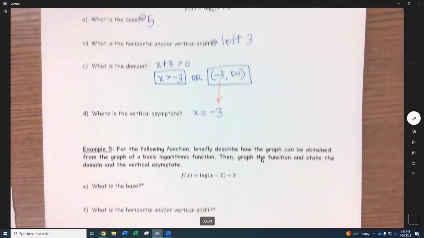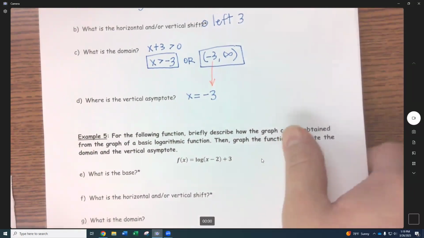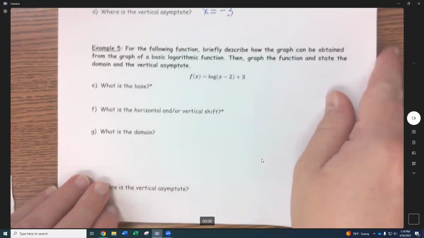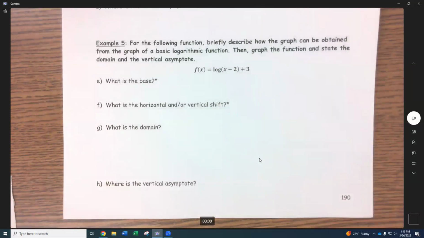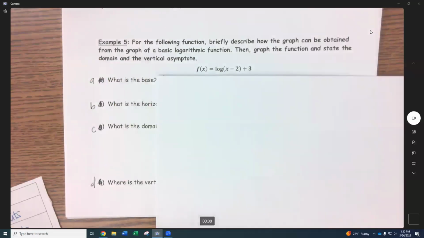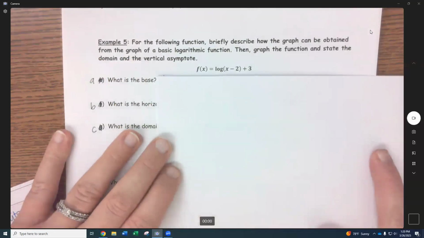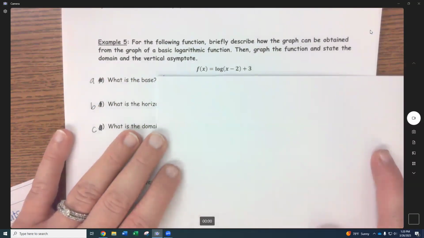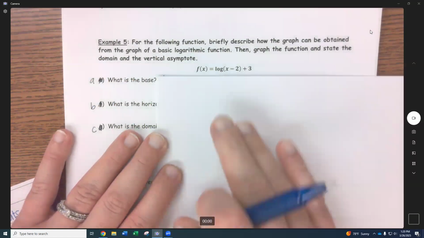Okay, 5 is the exact same thing. Go ahead, pause the video and see if you can answer this one on your own. This is your last chance to pause the video if you want a chance to do this on your own. So first thing it asks is, what is the base? And this is a common log, right?